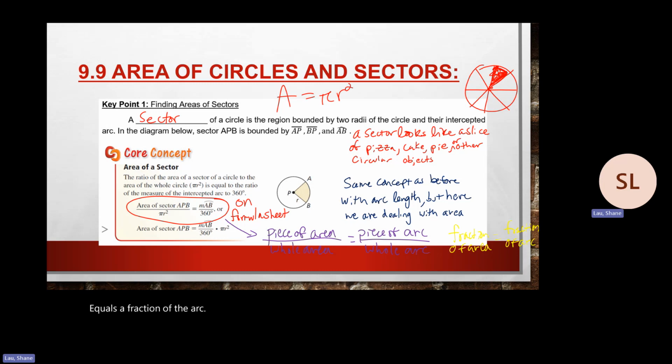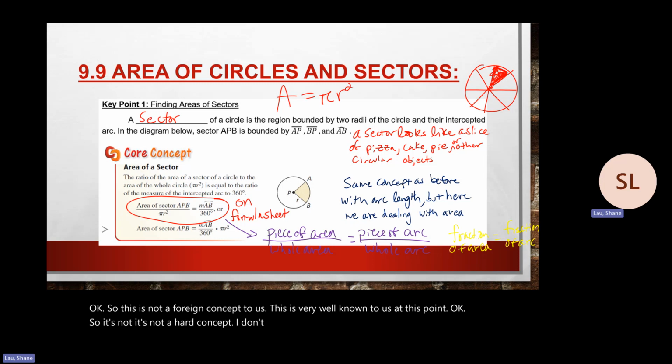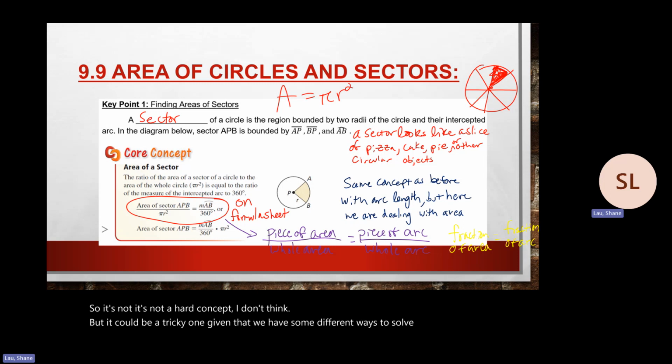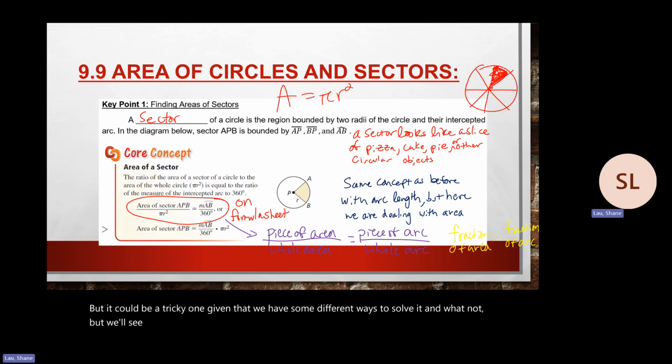This is not a foreign concept to us. It's not a hard concept, I don't think, but it could be a tricky one given that we have some different ways to solve it. We'll see some examples and figure them out.